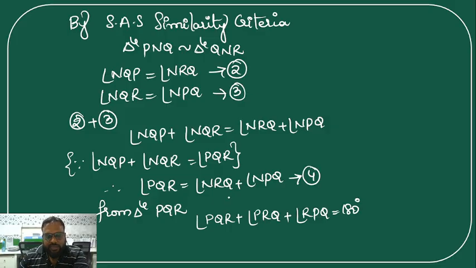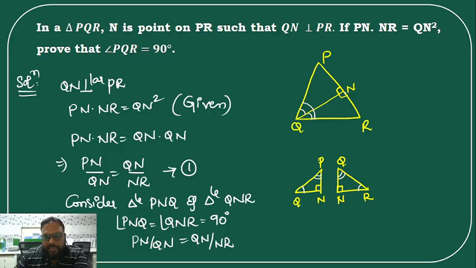Now if you check the figure correctly, N is the point on PR, so NRQ or PRQ are the same. I hope you got this point. Similarly, NPQ or RPQ is the same.